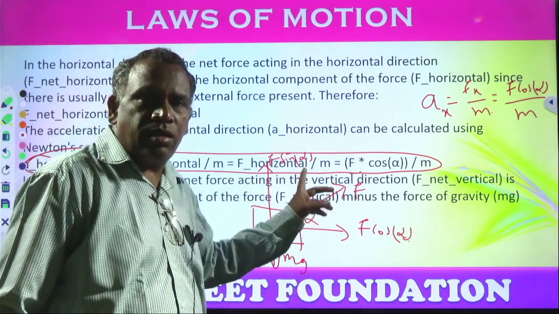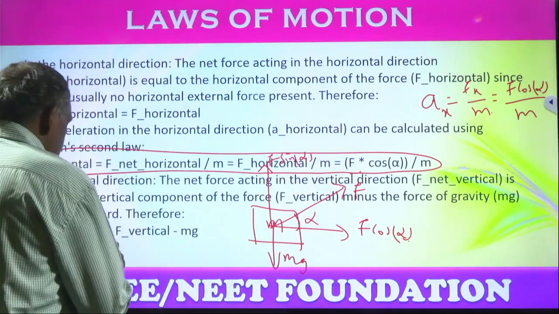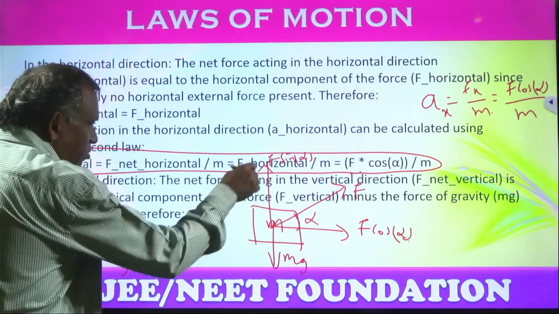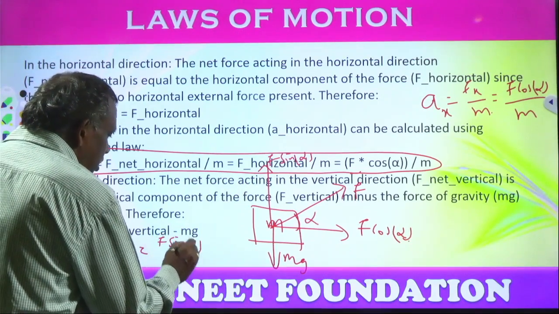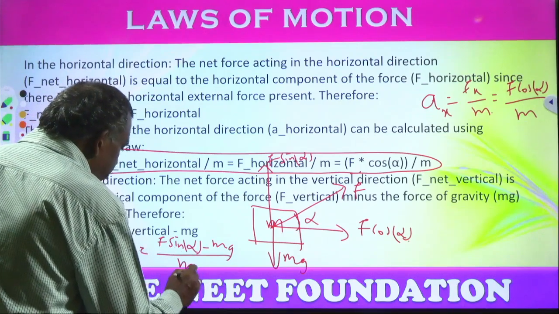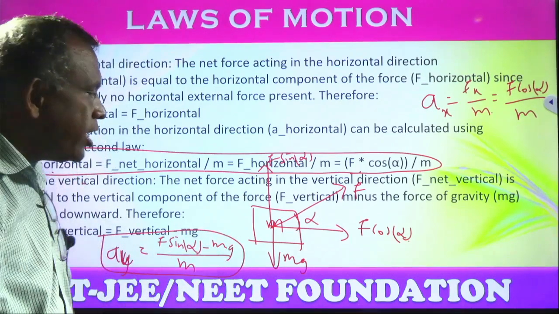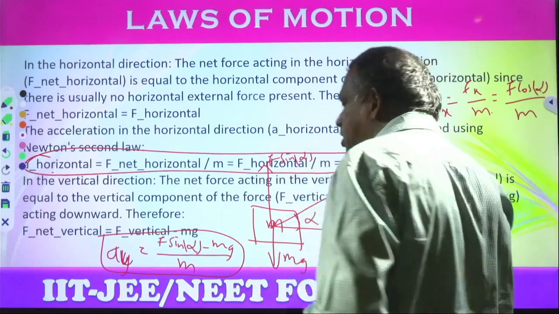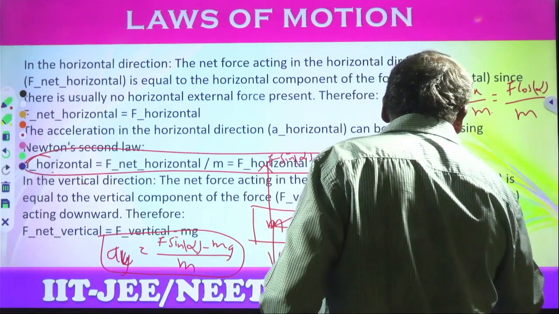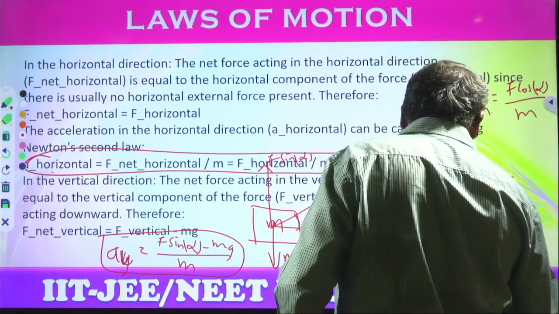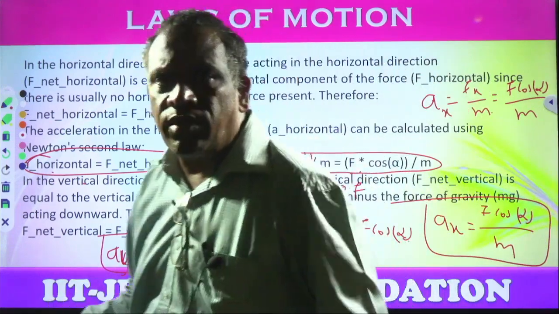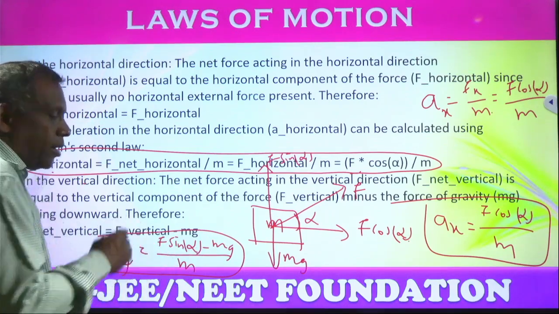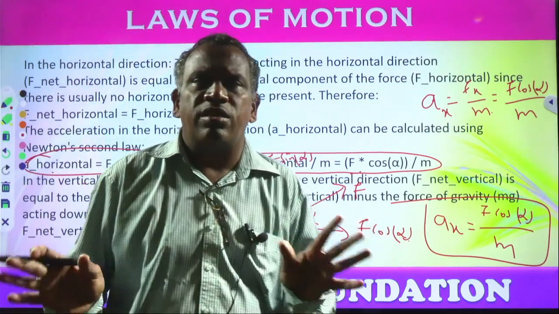So the vertical acceleration along the y axis is F sin alpha minus mg upon the mass of the body. The horizontal acceleration along the x axis is only F cos alpha upon m. So these are the two components of acceleration.